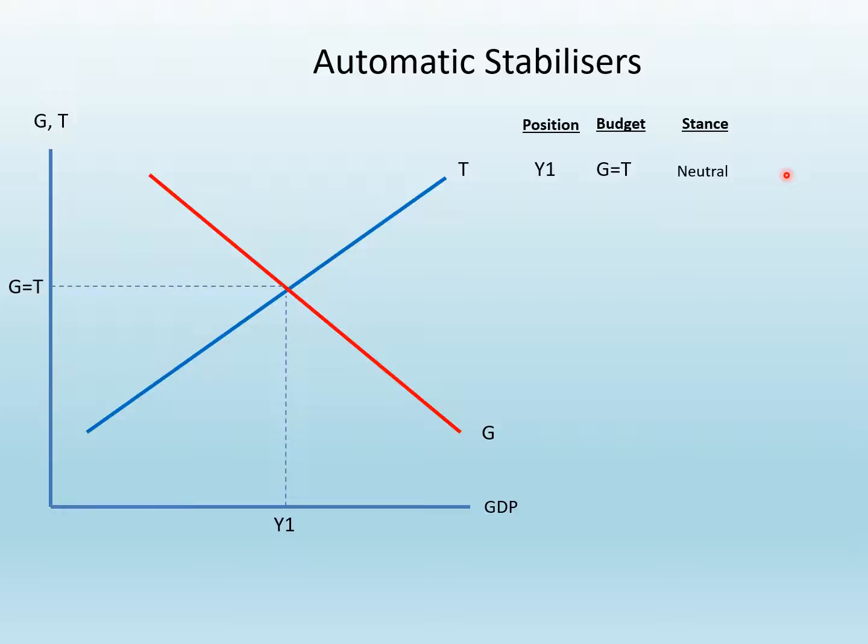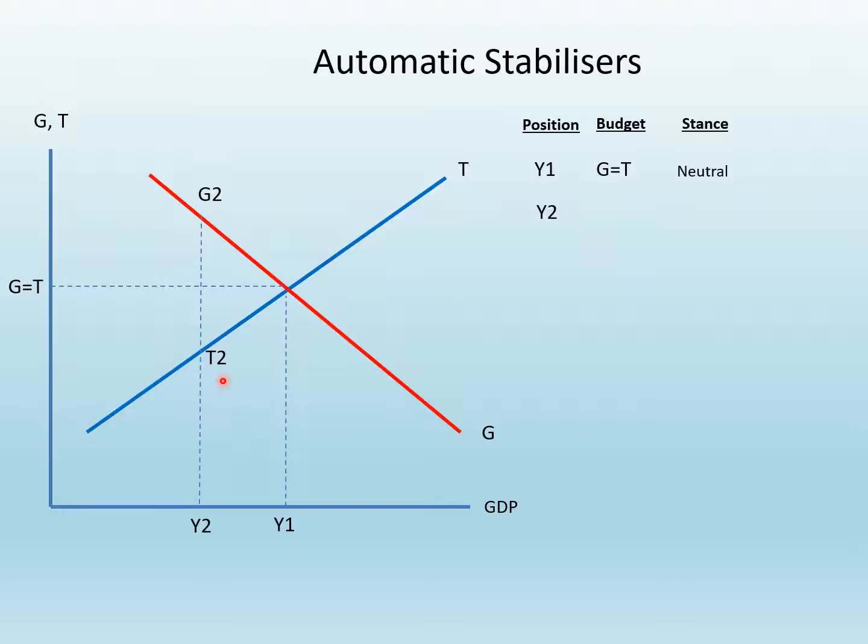If we now move to the left of Y1, so the economy is slowing down, we're moving from Y1 to Y2, you can see the consequence of that on the expenditure side is that government expenditure goes up automatically. There's increases in unemployment, there's increases in unemployment benefits, so there's an automatic increase in government expenditure. Similarly, tax collections decline, incomes decline because of the slowing economy.